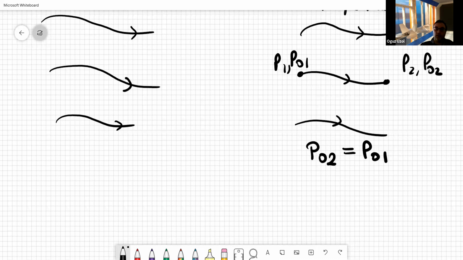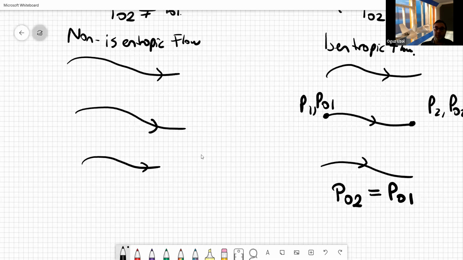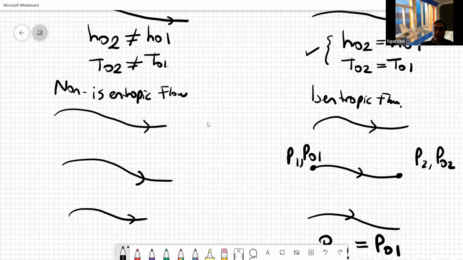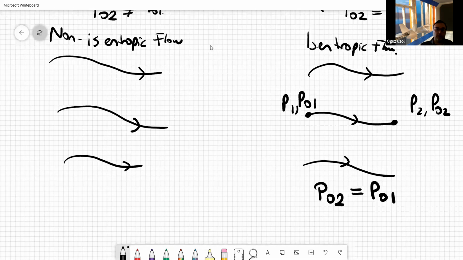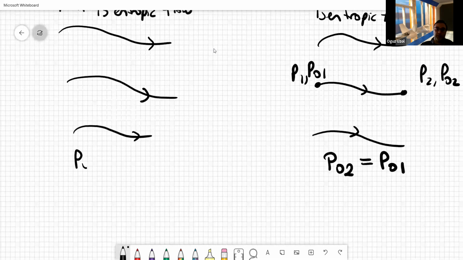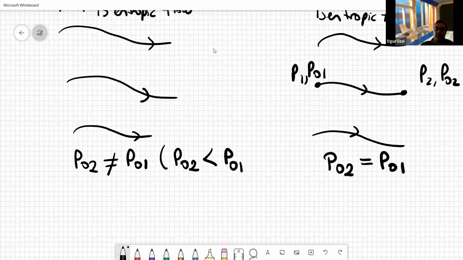If it's a non-isentropic process, and that's the left side, it could be adiabatic, but if it's not a reversible process, P02 at the exit will not be the same as P01. In fact, for a real process where you have loss generation, P02 will be less than P01 for stagnation pressures. There is a physical reason to it. We will discuss it next week. Okay.